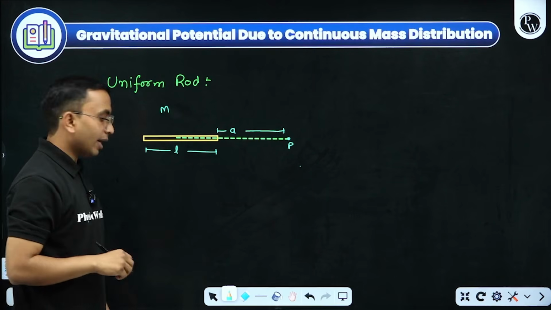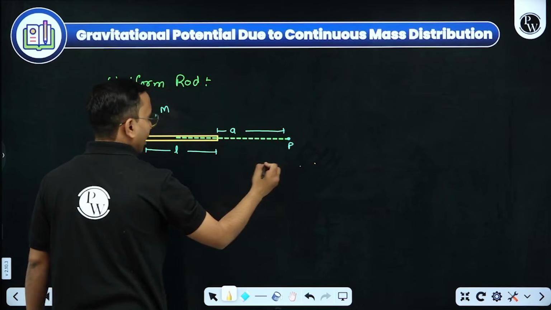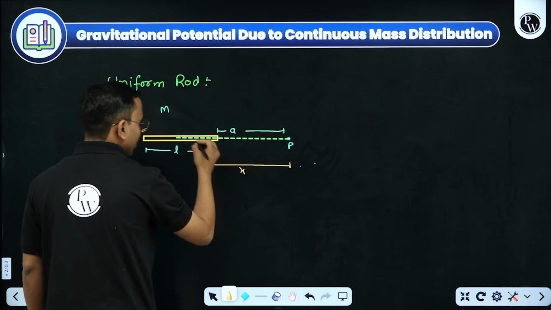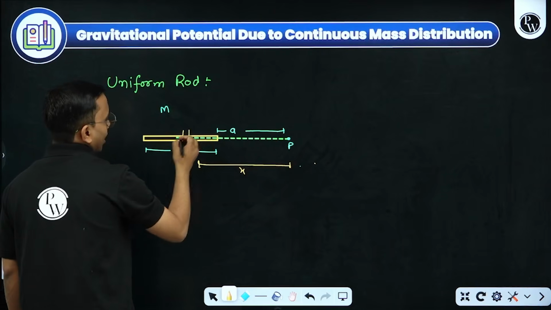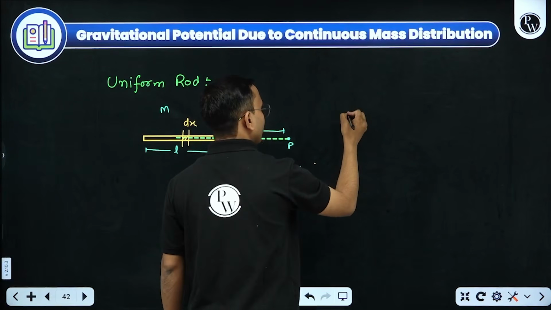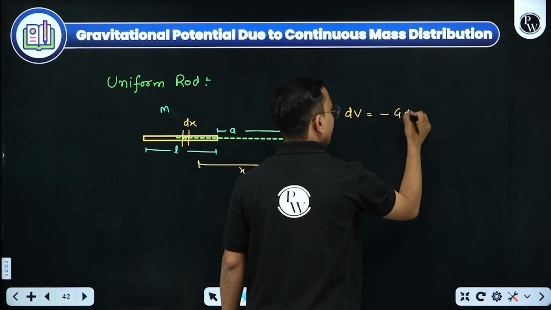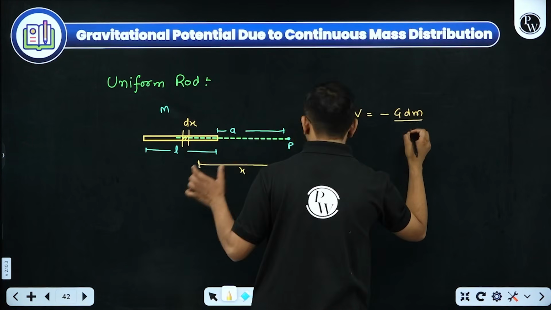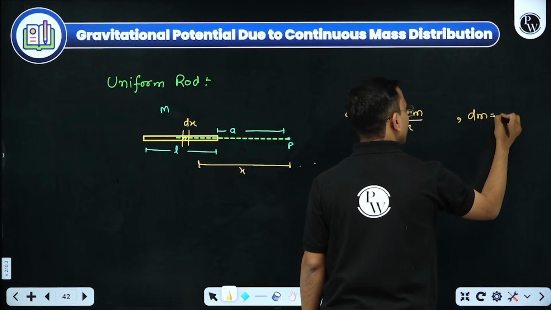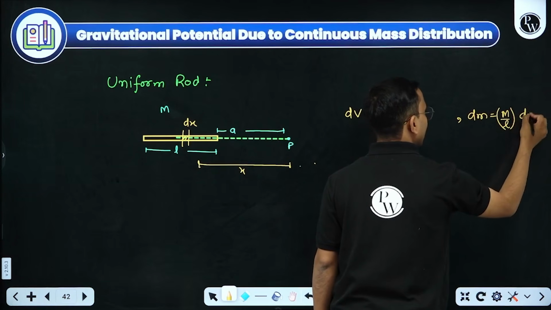How will we write? At a distance x, the same exercise I am doing again. At a distance x from here, I will consider a small mass having thickness dx. Due to this, if I write potential dV, that will be minus G dm divided by my distance x. What is my dm? dm is mass per unit length times my length dx.